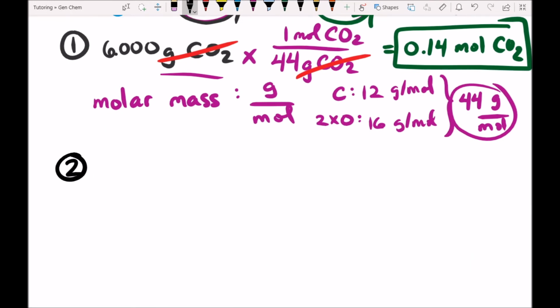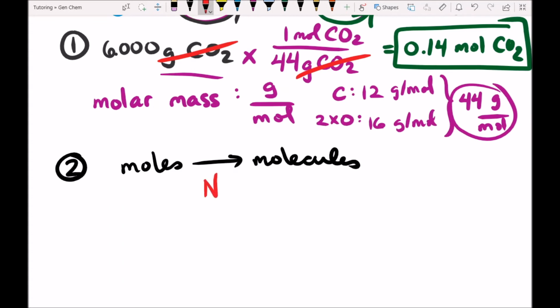So part 2, moles to molecules. So again, we need a conversion factor, and the conversion factor is going to be Avogadro's number, which is 6.022 times 10 to the 23rd power. And Avogadro's number represents how many molecules are in 1 mole.